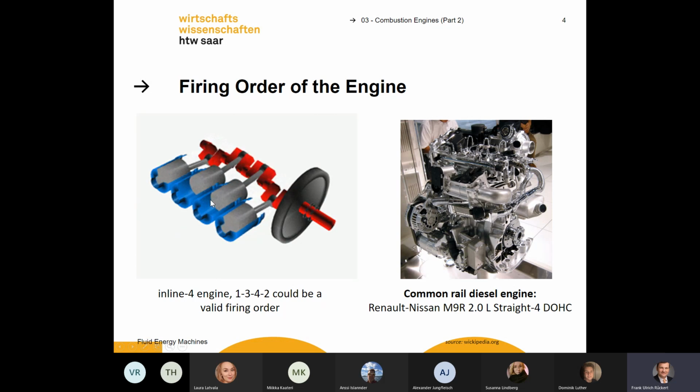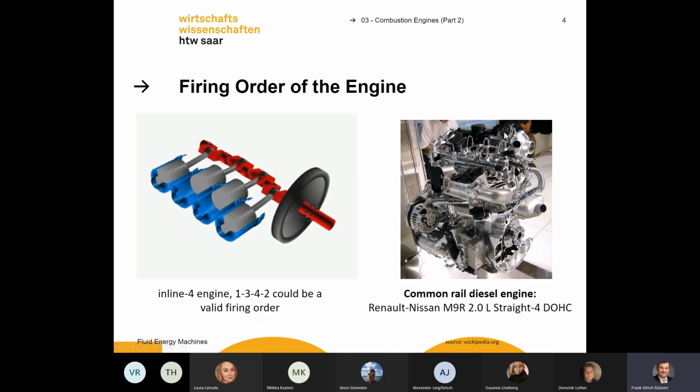Afterwards, the fourth cylinder will be fired, and then the second cylinder. That's sometimes a bit complicated. The firing order is different in every engine, depending on the design of the crank.